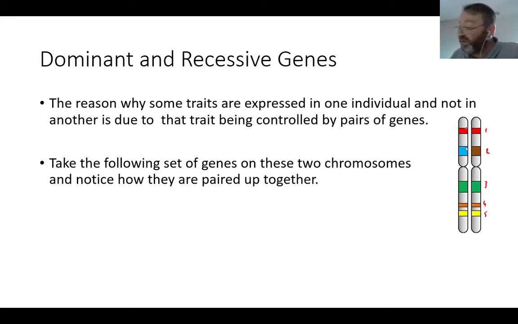Now let's say the top two are controlling the ability to roll your tongue. All right, so you've got a number of examples here. You could have what's called an RR situation. That means that you've got the big R from your mother, the big R from your father. You can roll your tongue. Capital letters are used for dominance. Okay, you could have received the tongue rolling gene from dad, but not from mom.